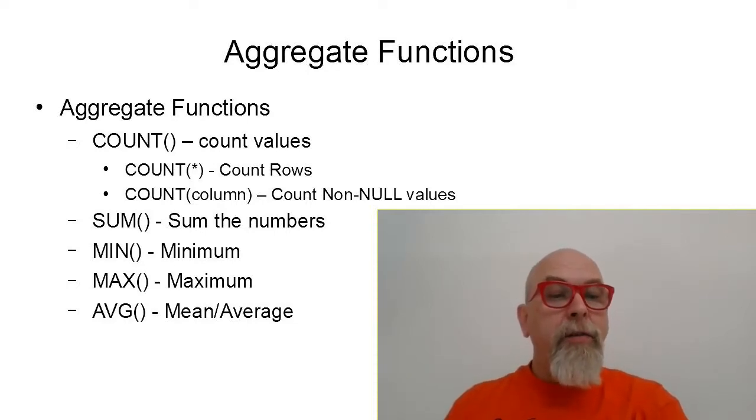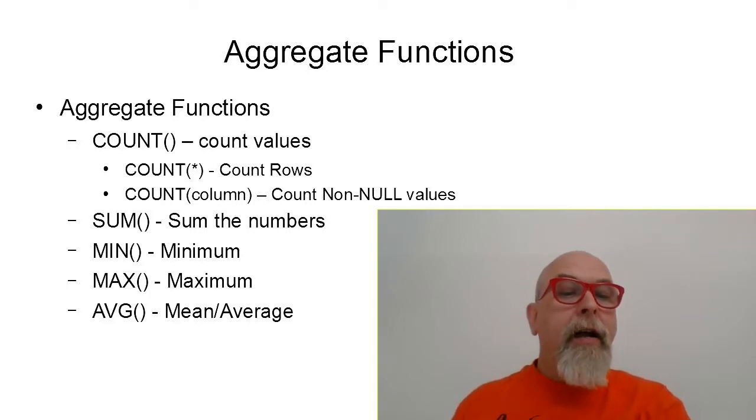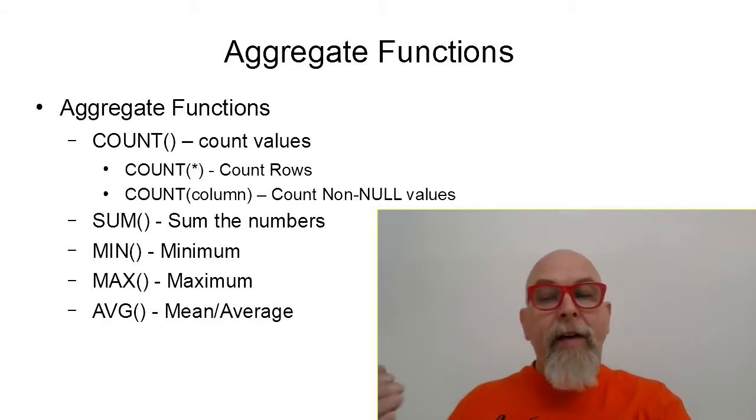The min function will return the minimum value of either a string or a numeric column. The max function returns the maximum value of either a string or numeric column. And the AVG function will return the mean or average of a numerical column. Let's see what that looks like in the next slide.